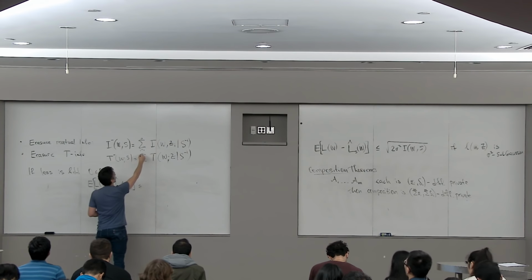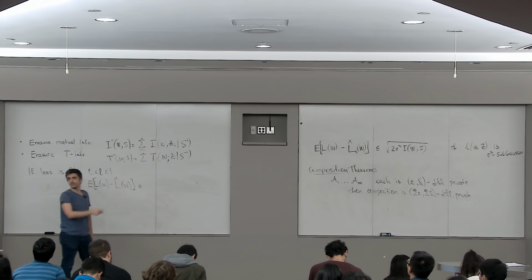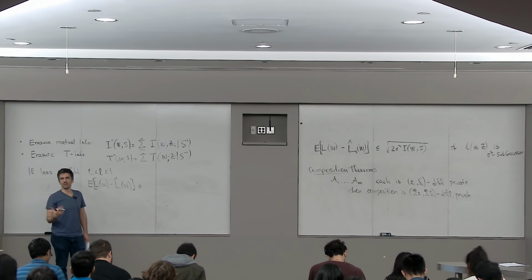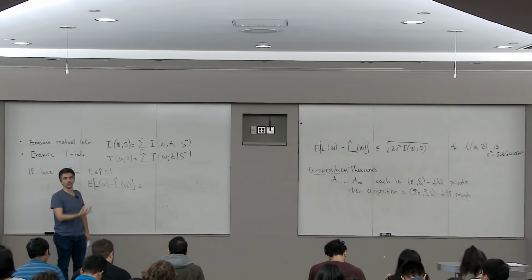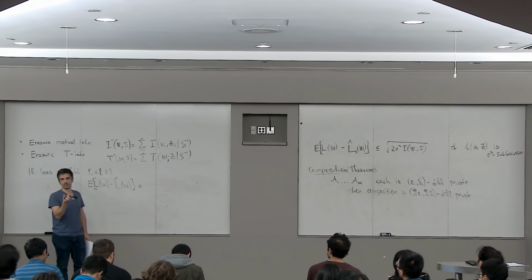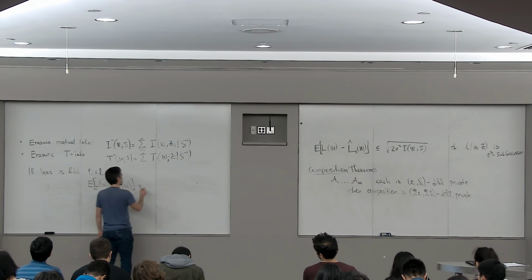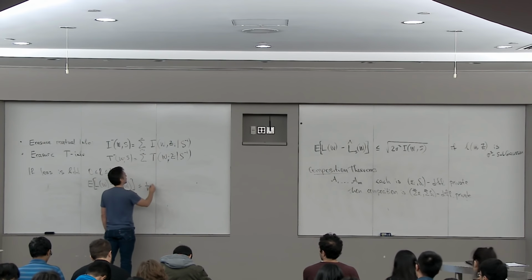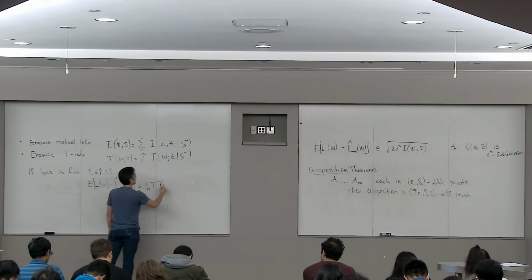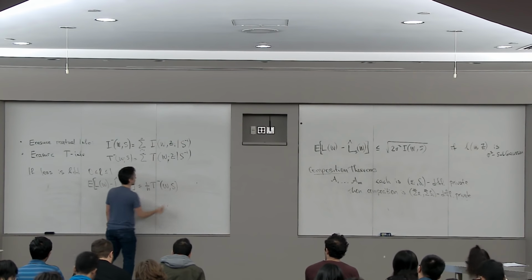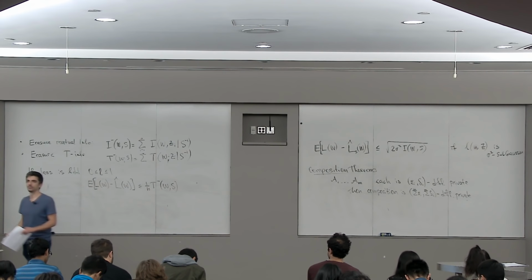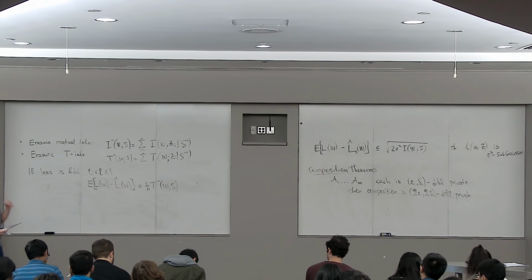So this one is unnormalized, but it should be on the order of n because we're adding n terms. Each one is hopefully like epsilon, so it should be like n times epsilon. So this one is 1 over n times the erasure information between W and S.